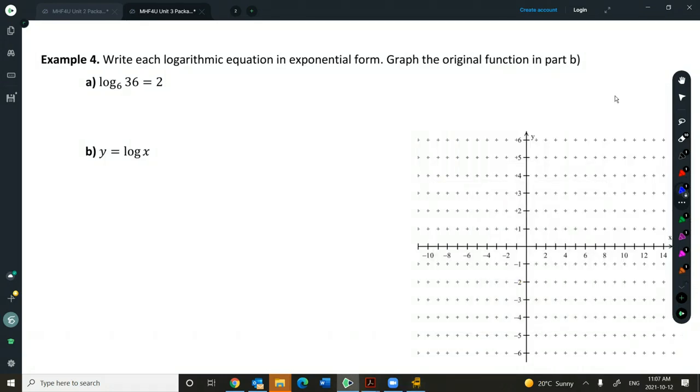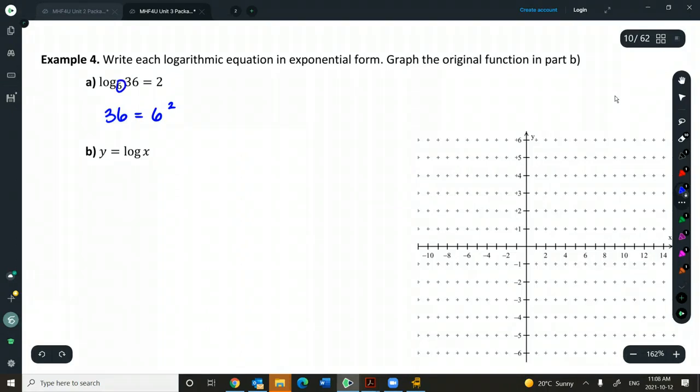Okay, so we're going to write each equation in exponential form, and for b, we're going to graph both versions of the function. So who can switch this one into exponential form? So basically the opposite of what we did above. Rebecca? 36 is equal to 6 to the 2.